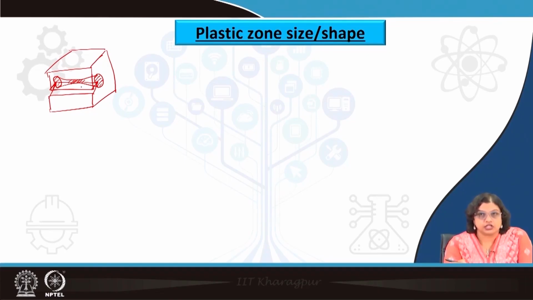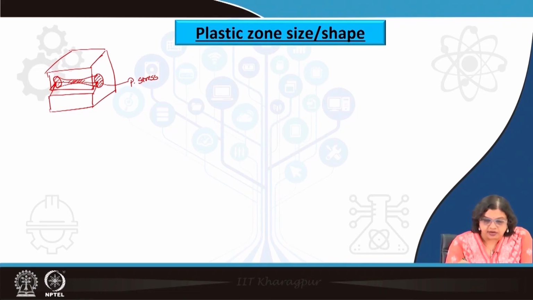The triaxial condition of strain, rather biaxial condition of stress, will be valid near to the edges. So, this will be nothing but the plane stress condition in the same component itself. On the other hand, in the central part, the strain will be restricted along the z direction, and that will lead to a biaxial strain or the plane strain condition.